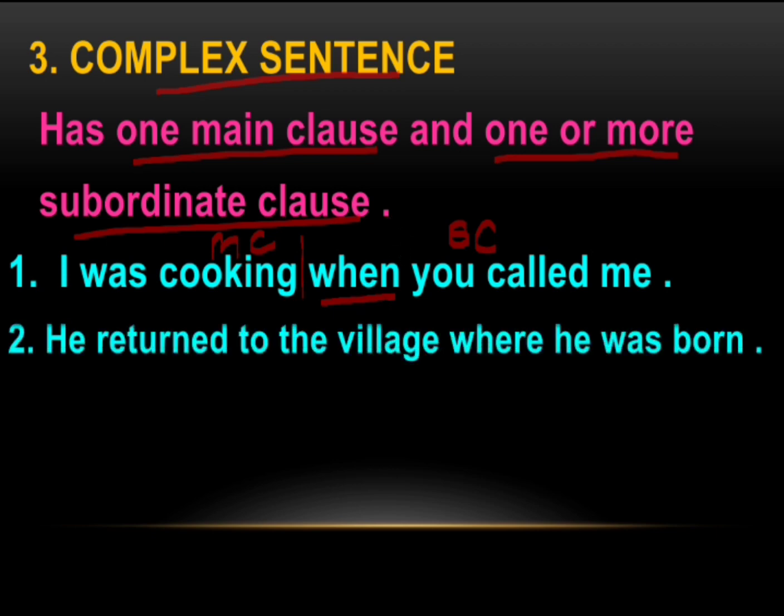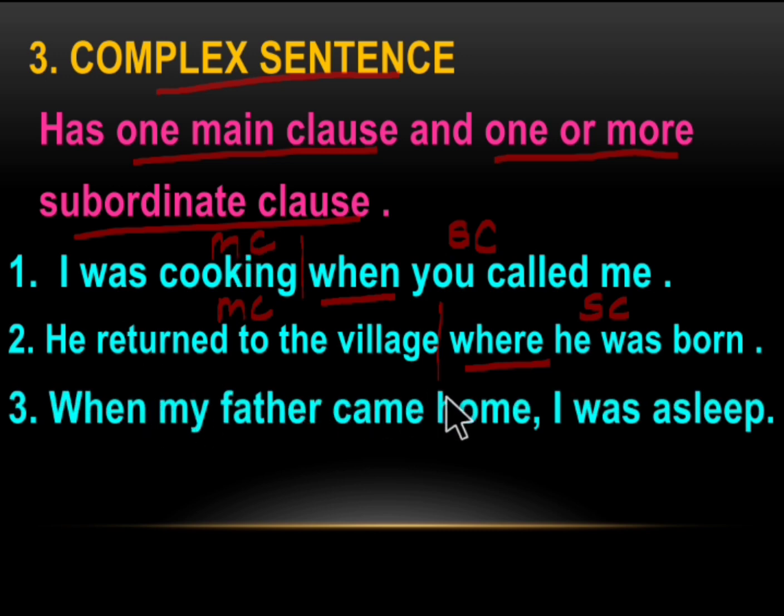The next example. He returned to the village where he was born. He returned to the village is the main clause. Where he was born is the subordinate clause. And this where is the conjunction which joins the main clause and the subordinate clause, and so this conjunction where is called the subordinating conjunction.